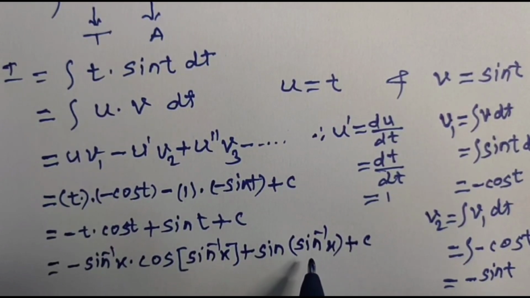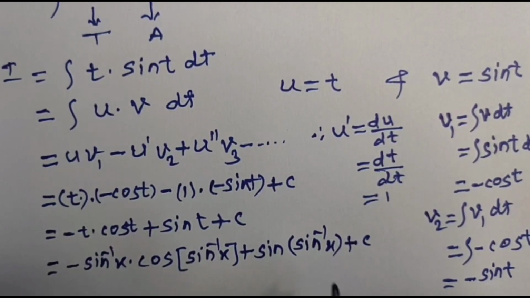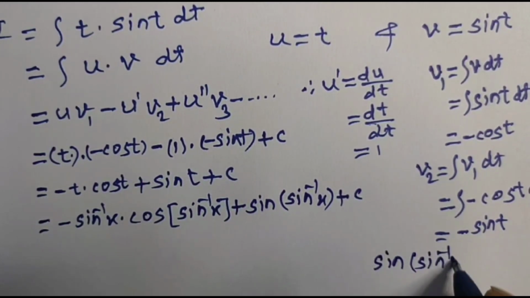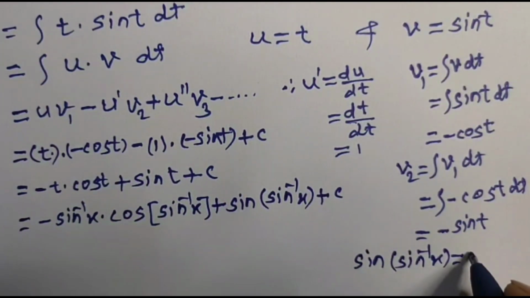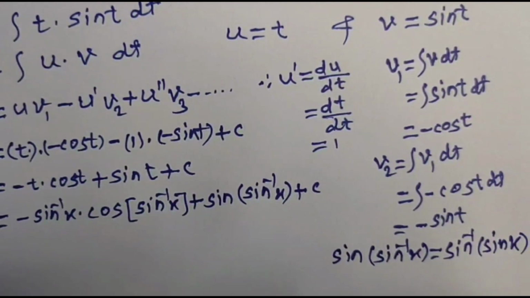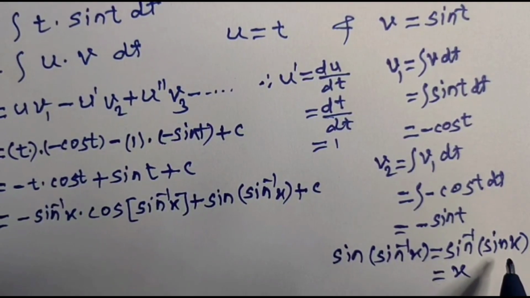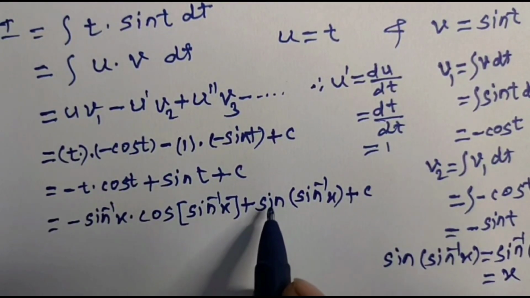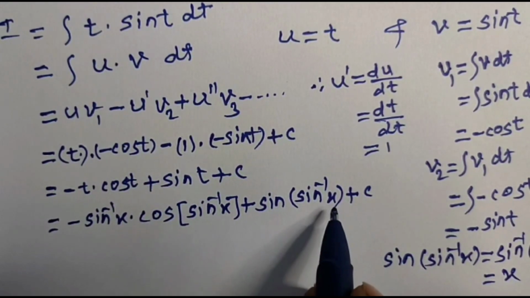Now sine of sin inverse, that is nothing but this trigonometrical formula: sine of sin inverse x is equal to x. Either sine of sin inverse x or sine inverse of sin x, this is x. Sine of sin inverse gets cancelled, remains x only.